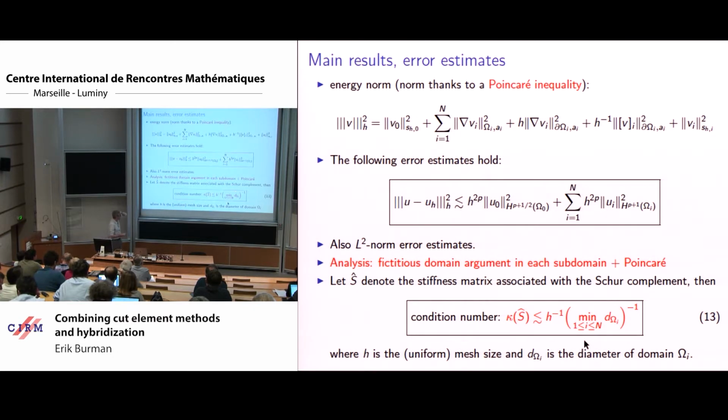And it turns out to be this. So you get h to the power minus 1, and then you get the minimum over the diameters of these bulk domains to the power minus 1. So you see if these are fixed, and they are of course fixed in my concept, but you could also think that you reduce the polynomial domains, and then you would get h to the power minus 2, but here we get h to the power minus 1.